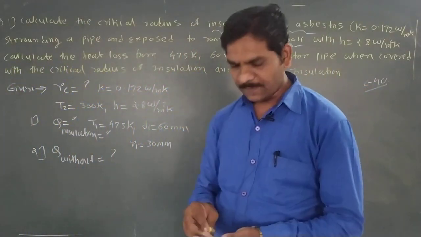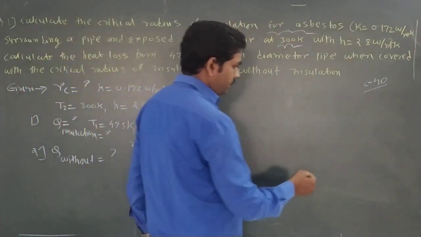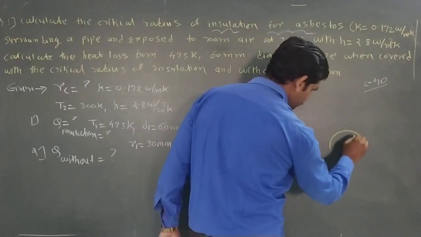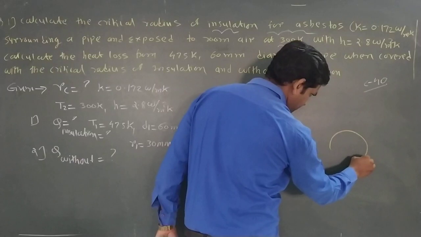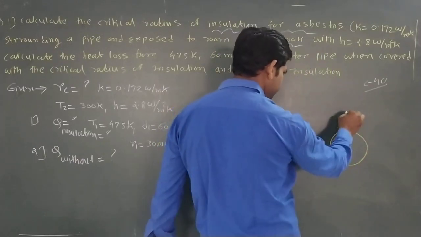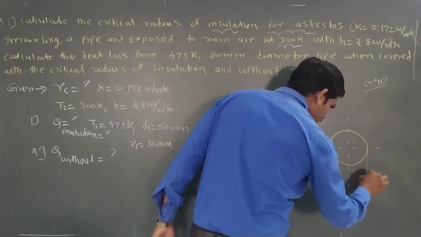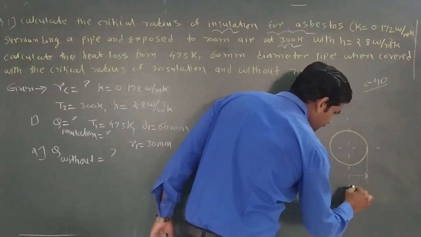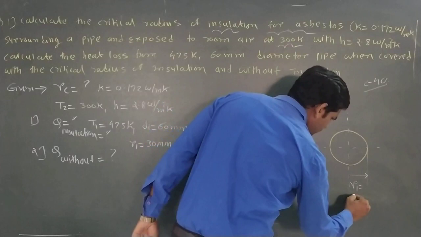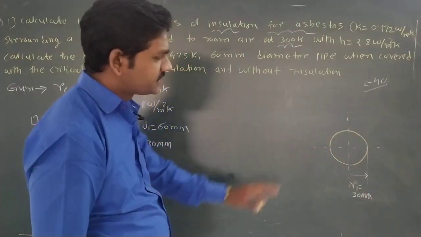So, let us focus here. First of all, I draw the pipe. Suppose this is a pipe. What is the radius of this pipe? Suppose this is shown by letter R1. It is 30 mm, and the diameter is 60 mm.